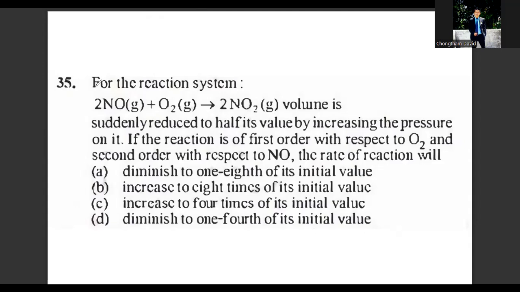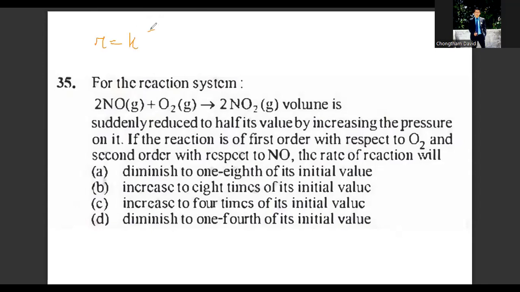So question number 35. For the reaction system, nitric oxide plus oxygen gives nitrogen dioxide. Volume is suddenly reduced to half its value by increasing the pressure. If the reaction is of first order with respect to oxygen and second order with respect to nitric oxide, the rate of the reaction will be. So rate of the reaction, you need to write it down.